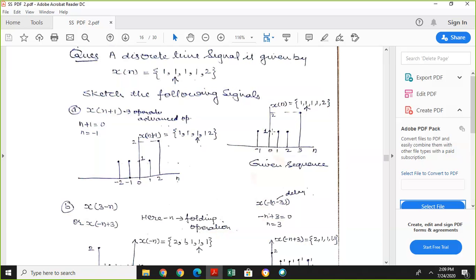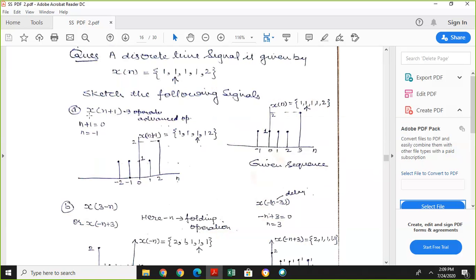The original signal is drawn when n is 0, 1, 2 and 3, and here the value of n is minus 1. Amplitude is 1, 1, 1, and when n is 3, the value of x of n is 2. This is the original signal. You have to find x of n plus 1.